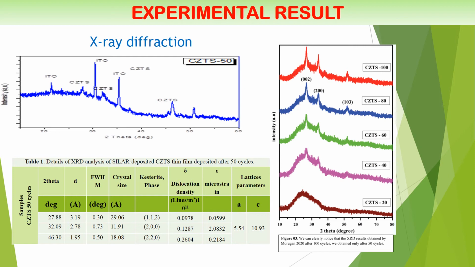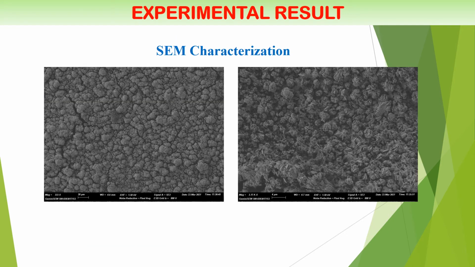The XRD analysis confirms the formation of CZTS with crystalline structure, and the average crystallite size is found to be 29.06 nanometer at the peak (112). The lattice constants a and c of the film for the tetragonal structure are calculated, and they are very close to the results in other publications.